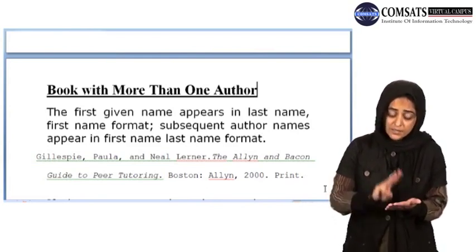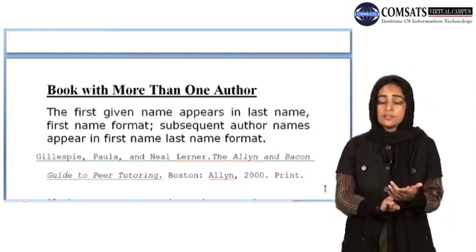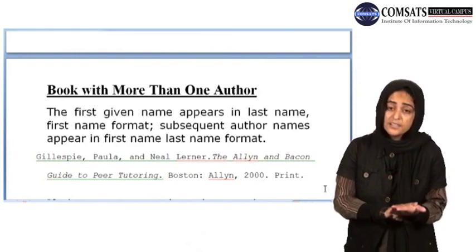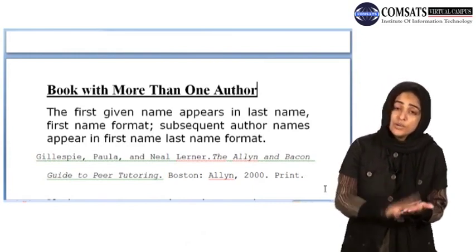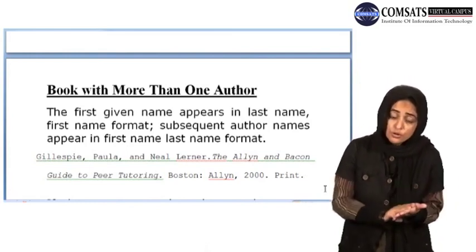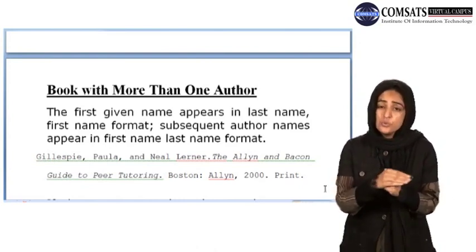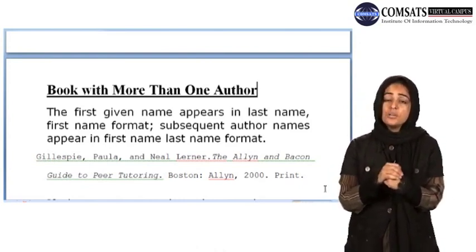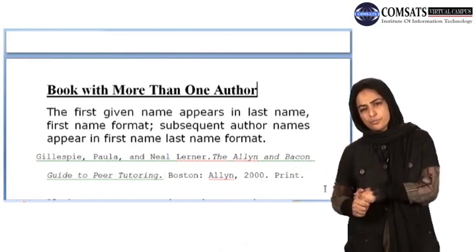Then Mr. A would be the first in the reference, Mr. B the second, and Mr. C the third. The same sequence of the names will be followed as they appear on the title page of the book.